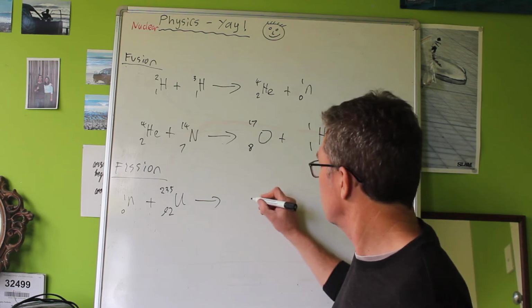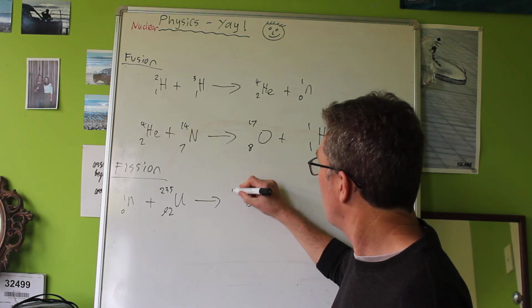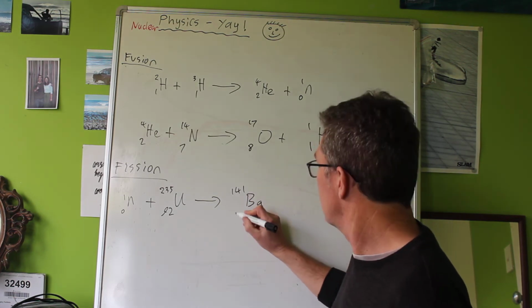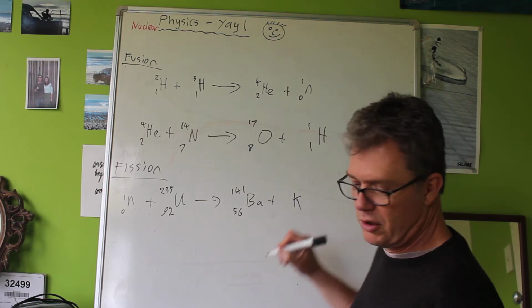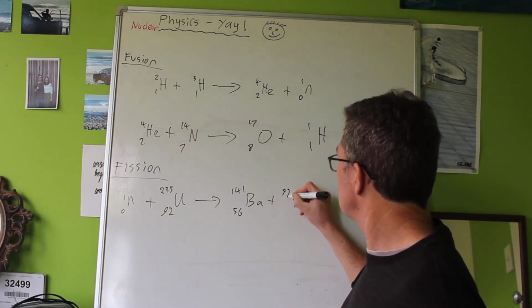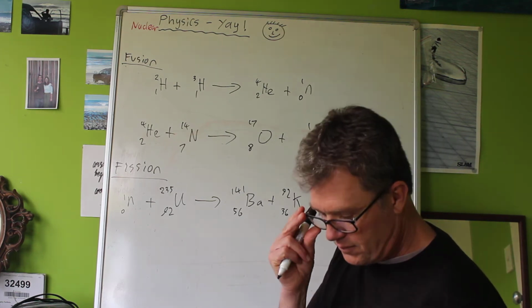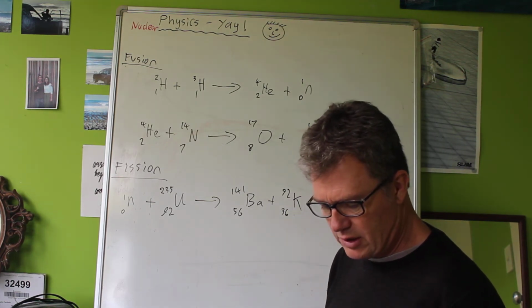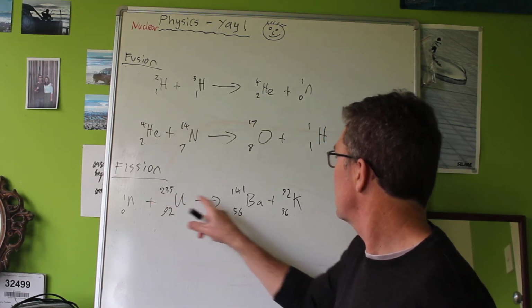They could be, in this case, barium, which is 141, 56, plus krypton, 92, 36. Now, if you look at this, 235 plus 1 gives you 236.